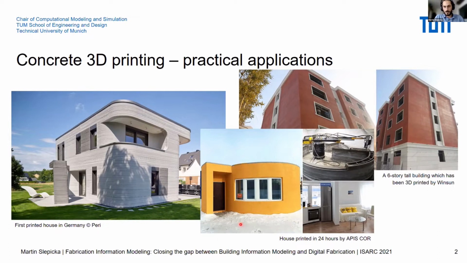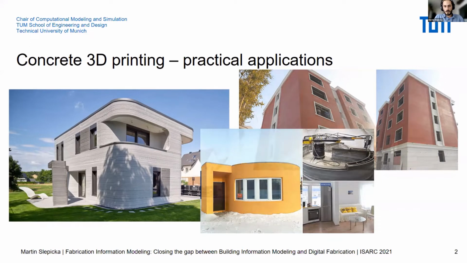As you can see, you can directly input some installations like the sockets, and there are some voids in the wall. So they use a contour printing method, and you can fill them with insulating material or something.